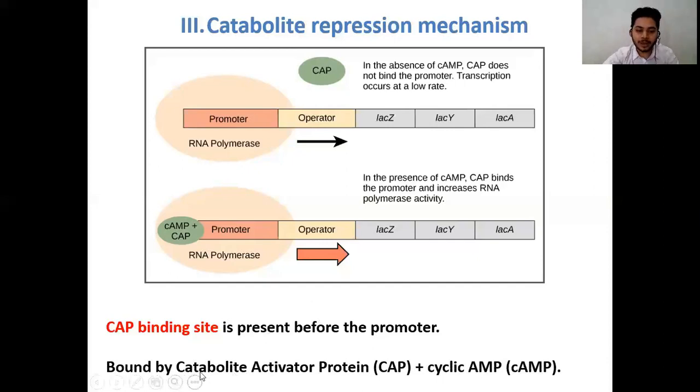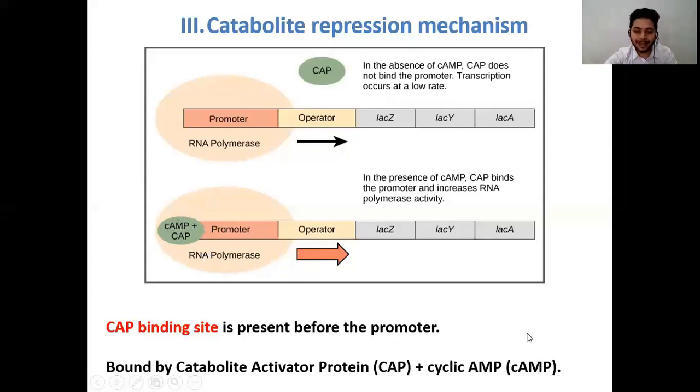The first component is the catabolite activator protein, abbreviated as CAP protein. This CAP protein is always found in complex with another molecule called cyclic AMP, which you can abbreviate as cAMP. So the complex of CAP and cyclic AMP together occupies the CAP binding site.